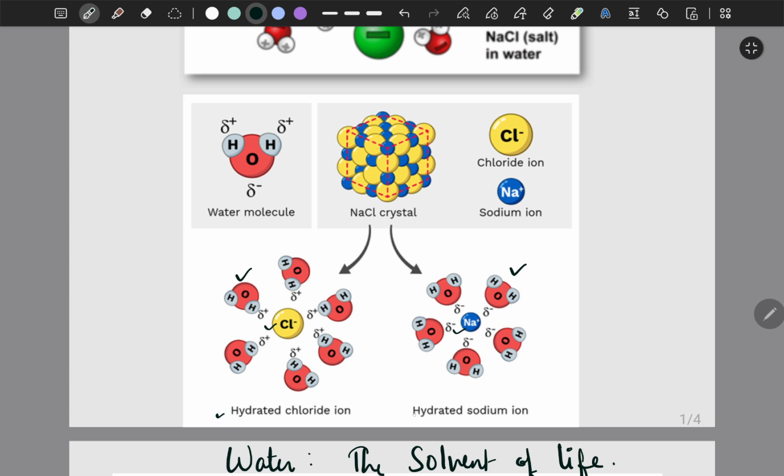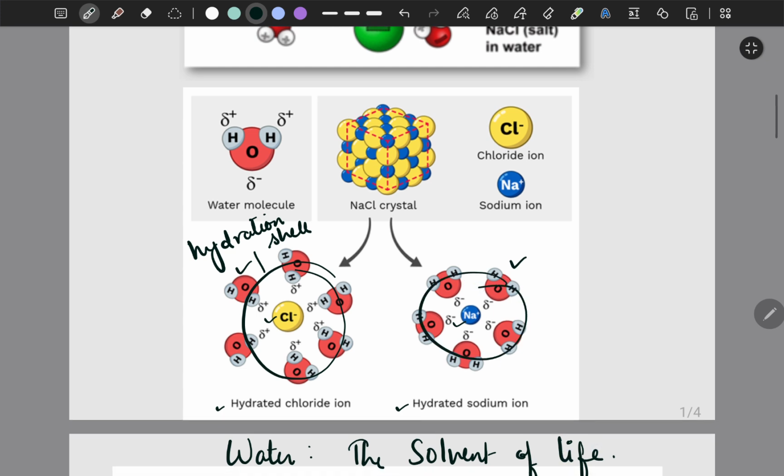See, hydrated chloride ion, hydrated sodium ion, and this is nothing but the hydration shell. So the hydration shell is the sphere of water molecules around each dissolved ion.